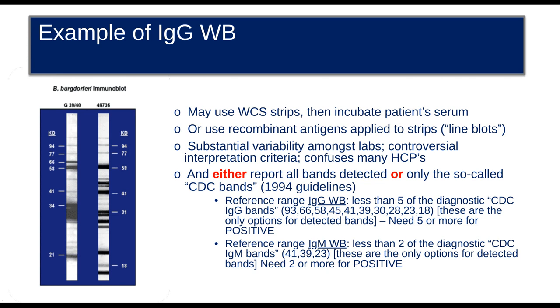You basically divide B. burgdorferi up into all of its separate antigenic proteins, lipoproteins, and immunogenic areas, and you see if the patient has something in its serum that reacts to it, antibodies.